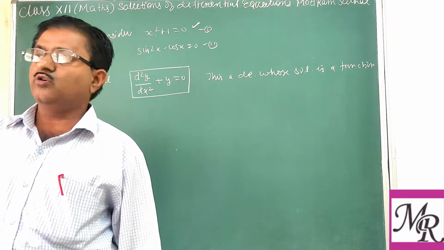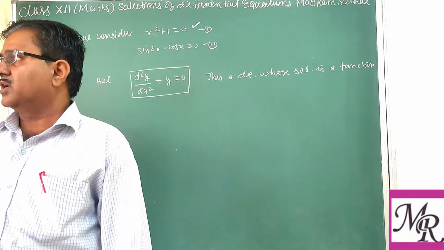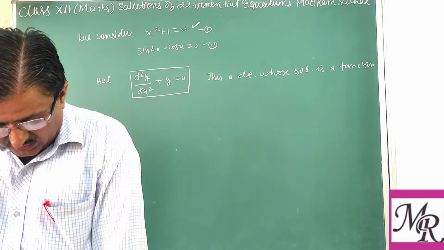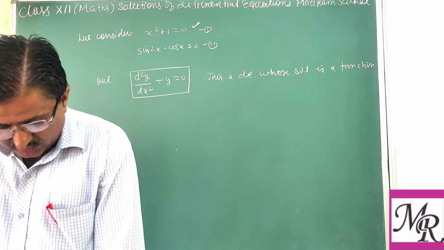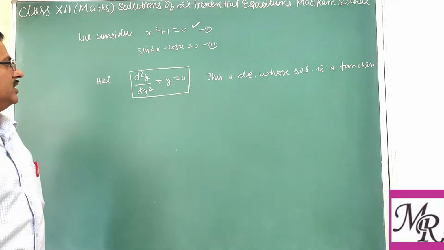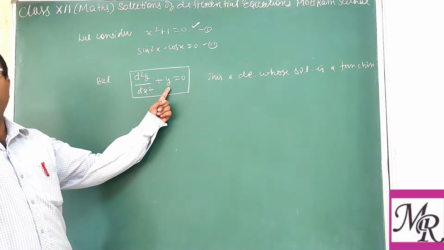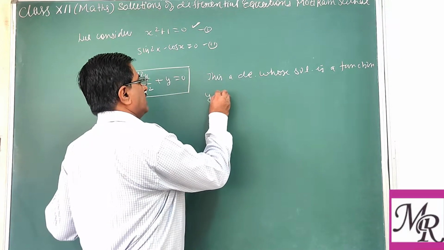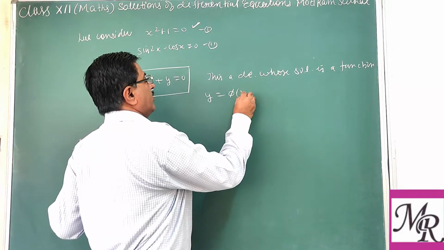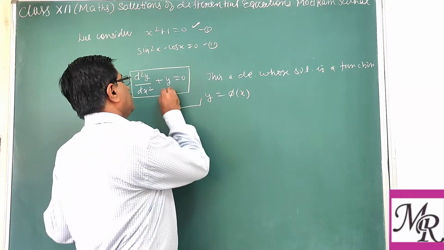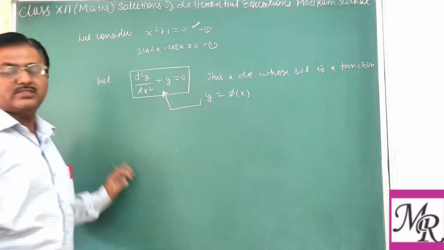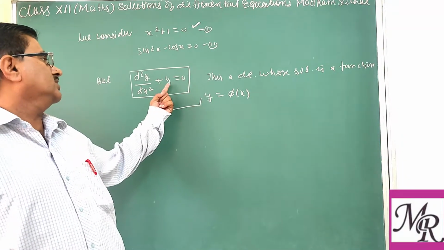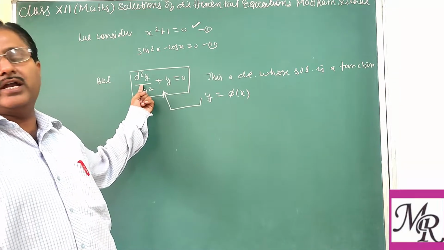In contrast to the first and second, we can say the solution of a differential equation is a function phi that will satisfy the equation. It means there will be a value of y equal to some function, y equal to phi of x, which when we put in this, the left hand side equals the right hand side, because here this is y and this is the second derivative.